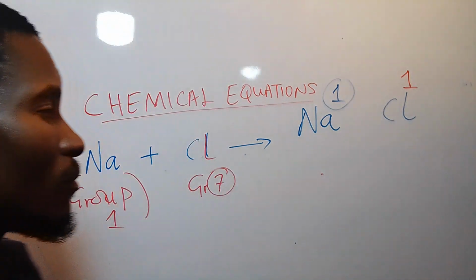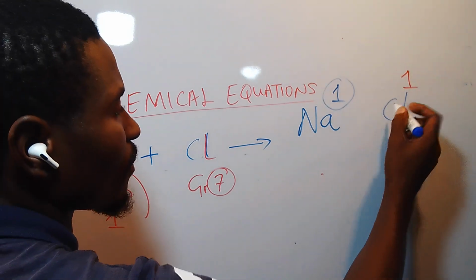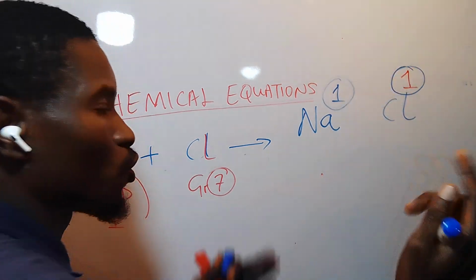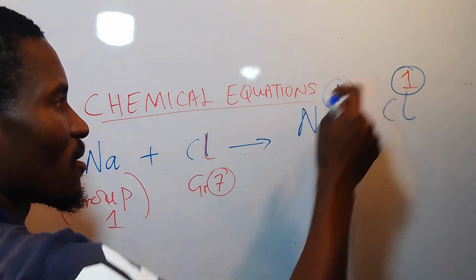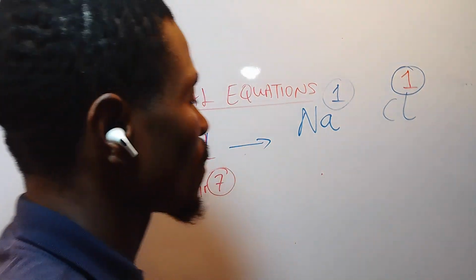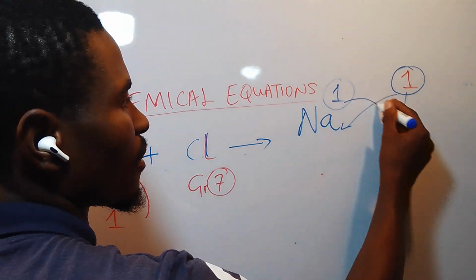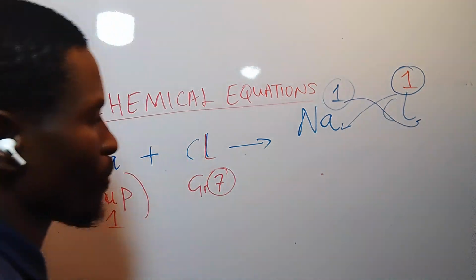So when two elements are in this form, they are going to exchange what we normally call the valences. So this is going to come to sodium, and then this is going to go to chlorine.